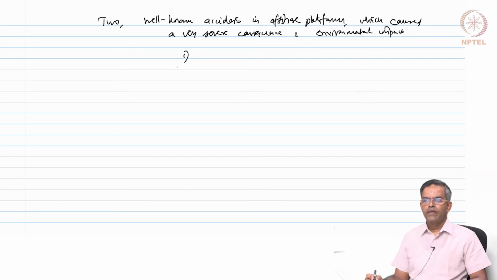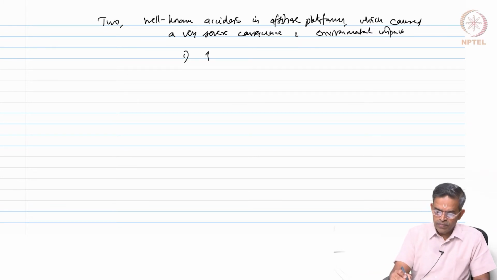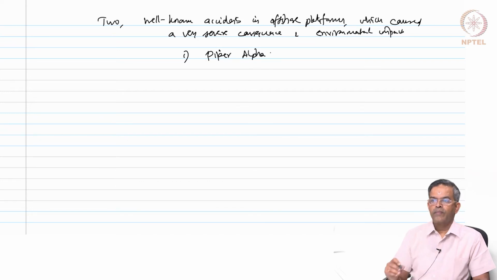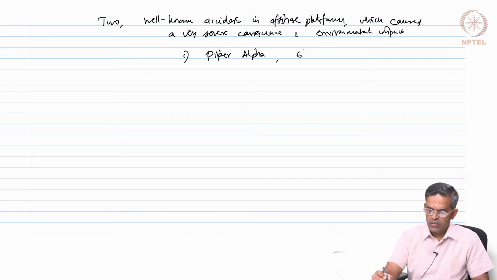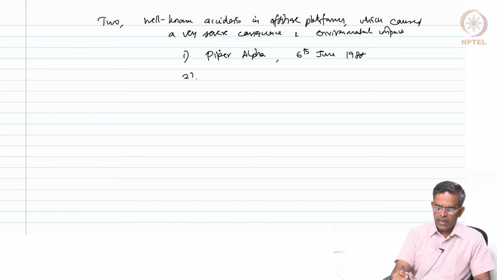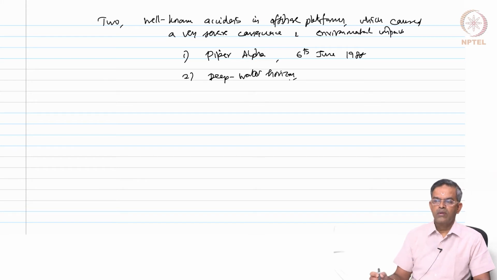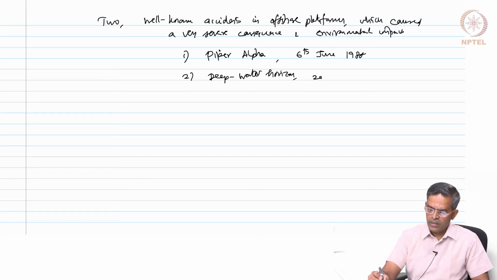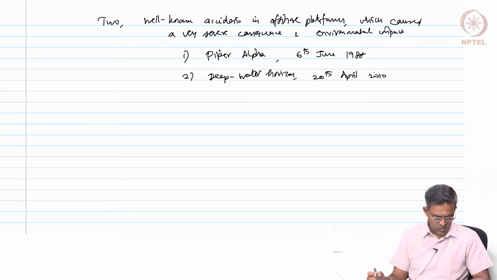One is Piper Alpha, which happened on 6th June 1988. The second accident happened on the platform Deepwater Horizon, on 20th April 2010.